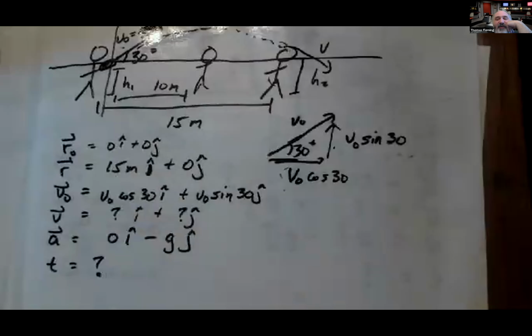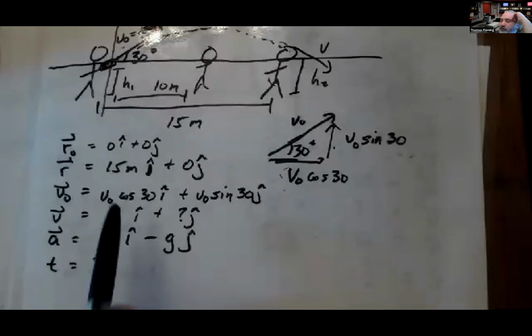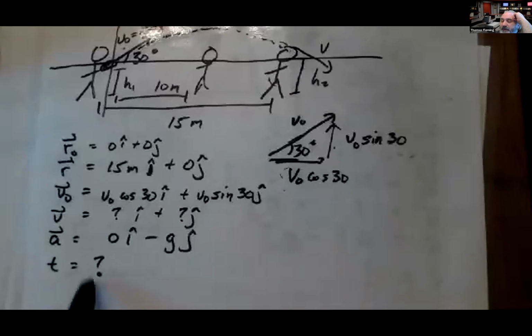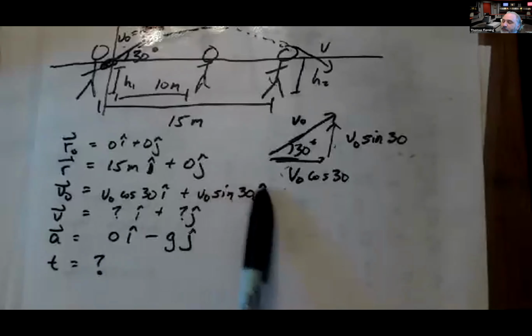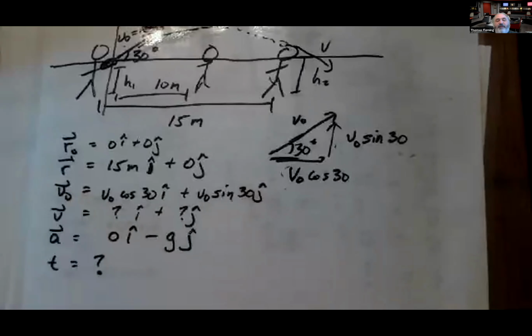In order for me to get past this little roadblock, what I'm going to rely on is that these two sides of the inventory have one thing in common, and that's time. Time connects those two things. So I'm going to switch my process up a little bit. Rather than look for an equation that has the thing that I'm trying to solve for, which is my initial velocity, and avoids all the things I don't know, I'm instead going to intentionally pick an equation that has t in it.